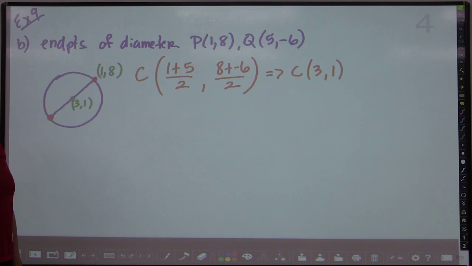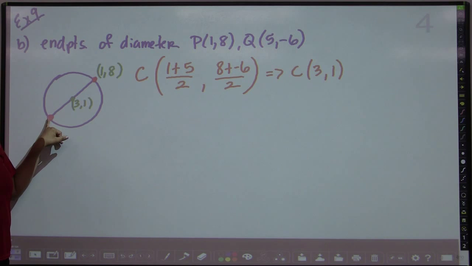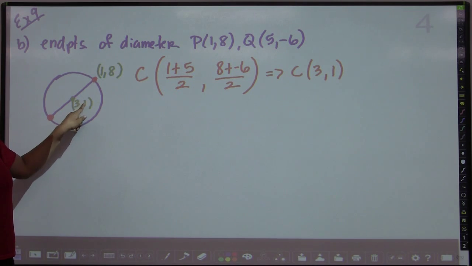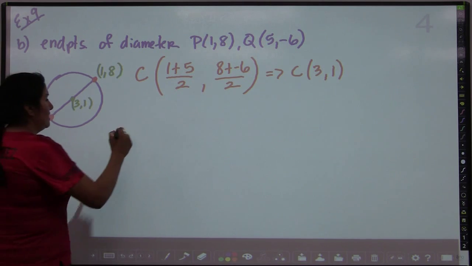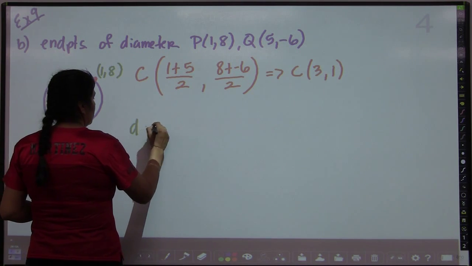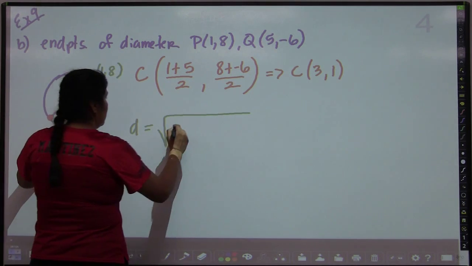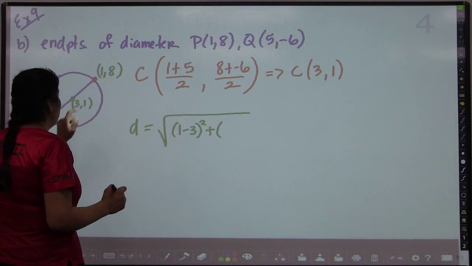You could find the distance between P and Q and divide it by 2 because the radius is only half of that, right? Or you could find the distance between here and call it a day. And that's what I'm going to do. I'm going to use the midpoint and the end point to get my radius. So distance equals the square root of (x2 minus x1) squared plus (y2 minus y1) squared, so we're going to go 1 minus 3 squared, and then 8 minus 1 squared.